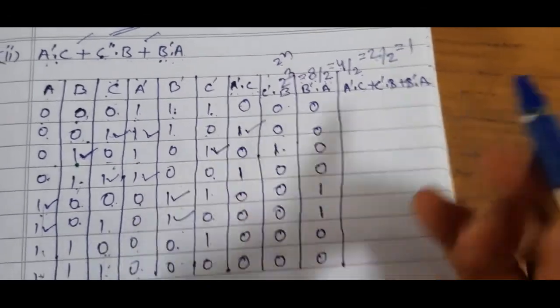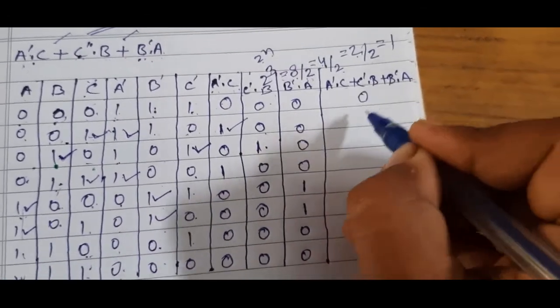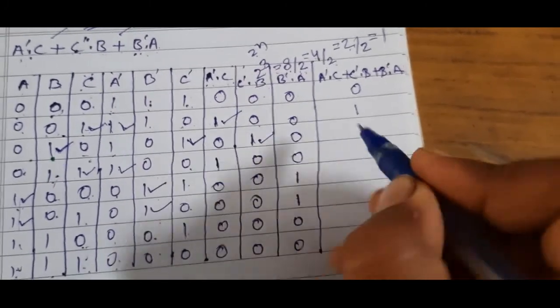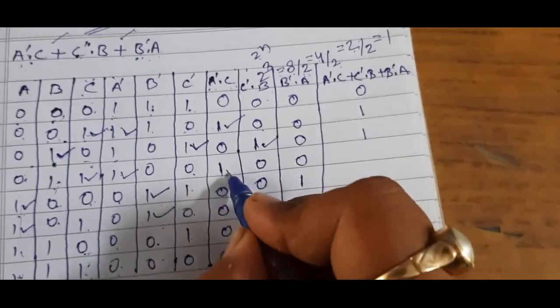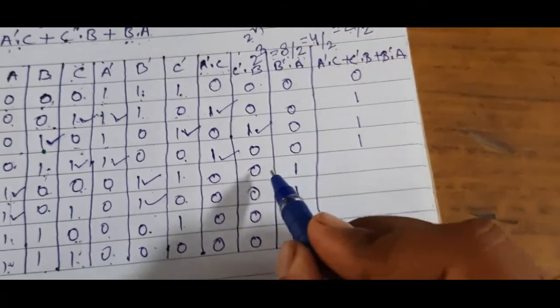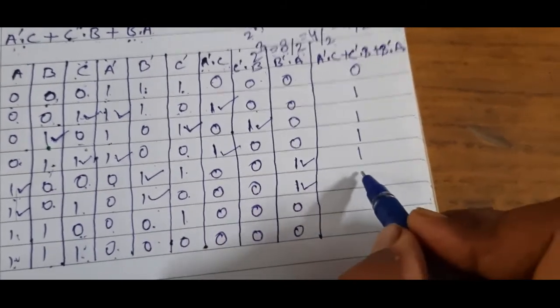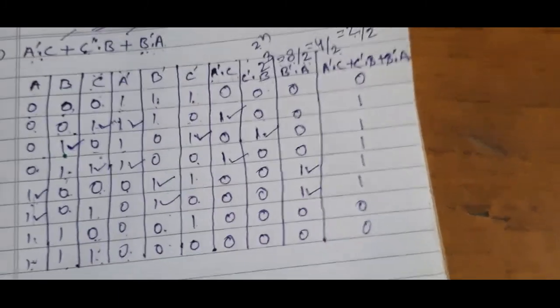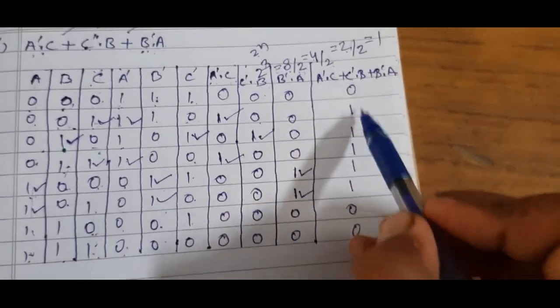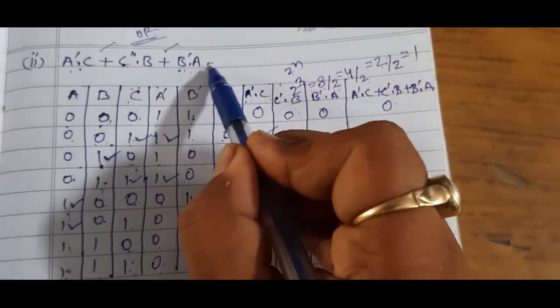So you can see here it is 1, so it will be 1. This is 1, so it will be 1. This is 1, so it will be 1. This is again 1, so it will be 1. This is 1, so it will be 1. These two are 0. So like this we got the output of this equation.